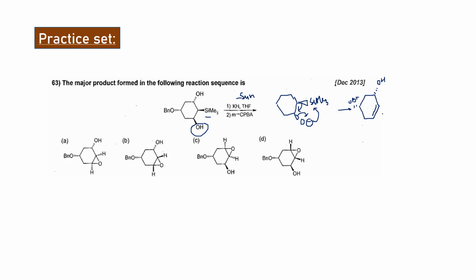After if you are adding mCPBA, this will form an epoxide. Now as the OH group is already below the plane, the epoxide will form from below the plane. So the hydrogen will be above the plane, so the correct option will be option B. As OH is below the plane, the mCPBA will approach from below the plane, so the epoxide will form at the below the plane.